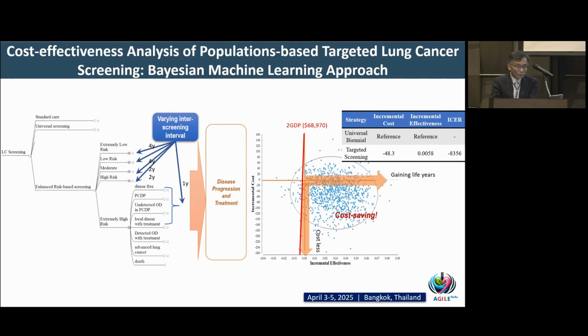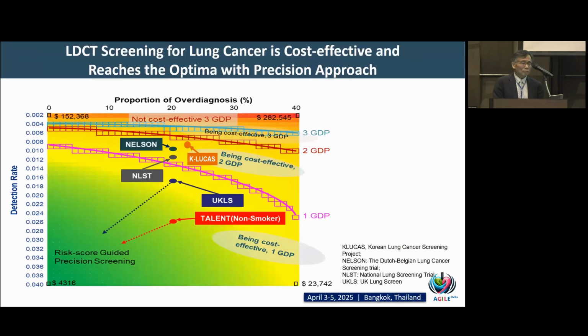You see, then you can get very, very cost savings. Cost saving means you invest money earlier, but you still earn the money later on. So not to mention if you add the big three into the integrated screening. So this is one of the things I think we need to think about.